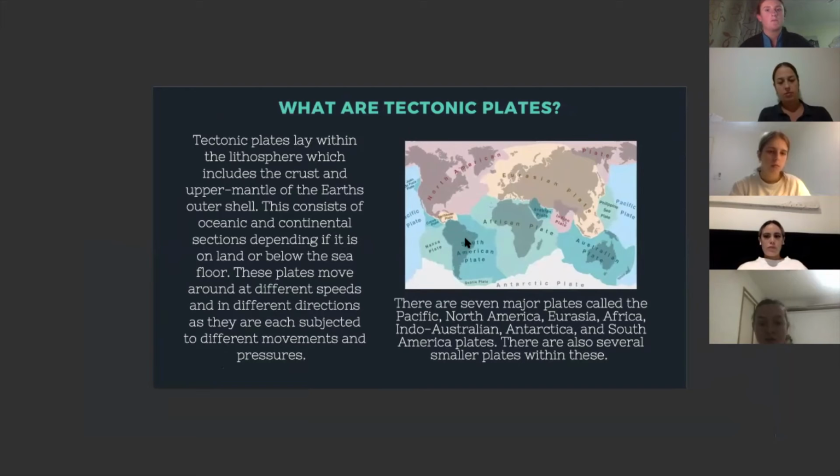There are 7 major plates, highlighted in different colors on the picture: the Pacific, North America, Eurasia, Africa, Indo-Australia, Antarctica, and South America plates. And then there are also some smaller ones which fit between them.